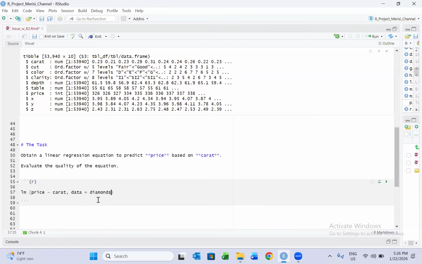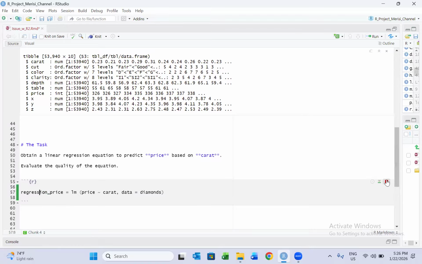That's it. But it's usually customary to store the regression results in a variable. So let me call this variable regression_price. That variable stores the regression results.